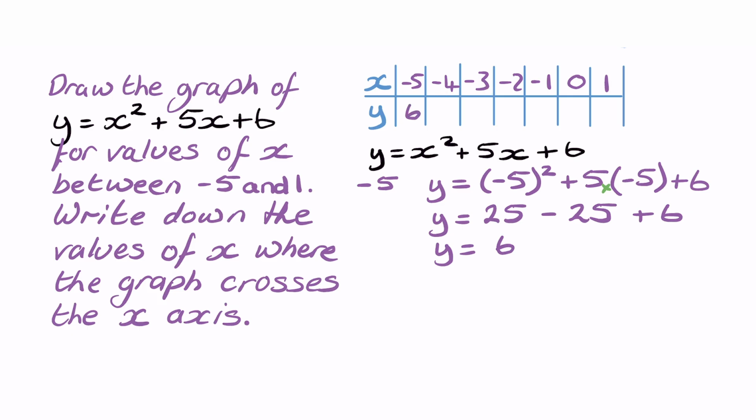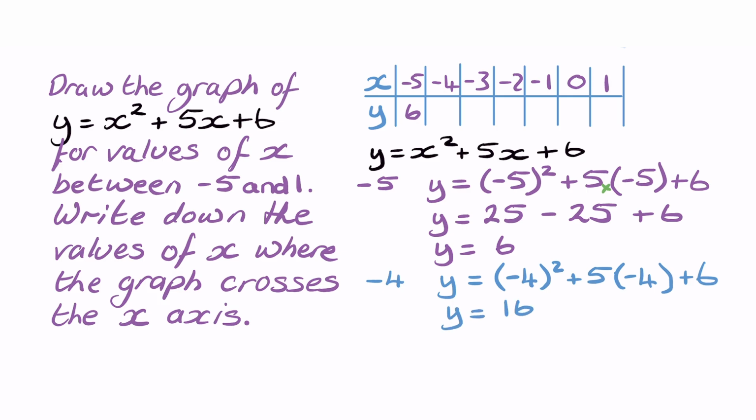So if we go on to do -4, wherever there is x, you replace it with a bracket: -4 squared plus 5, then the bracket, -4, close your bracket, plus 6. That will be y equals -4 squared is 16, +5 multiplied by -4 gives us -20, plus 6.